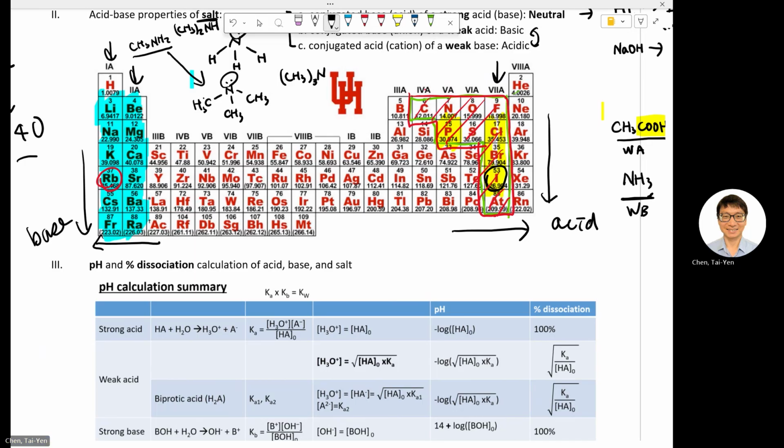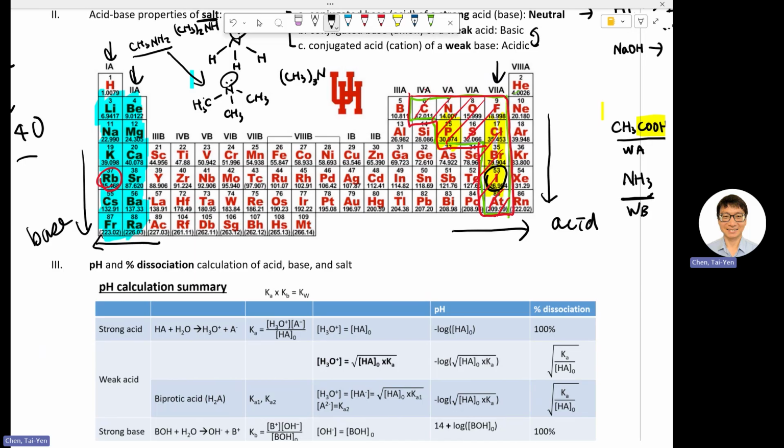there's a high chance you have a salt. The other thing that you should know is that when you throw a salt into an aqueous solution, it's going to dissociate, right? So the atom in your 1A element will always be +1 charged. 2A will be +2. 7A will be -1.